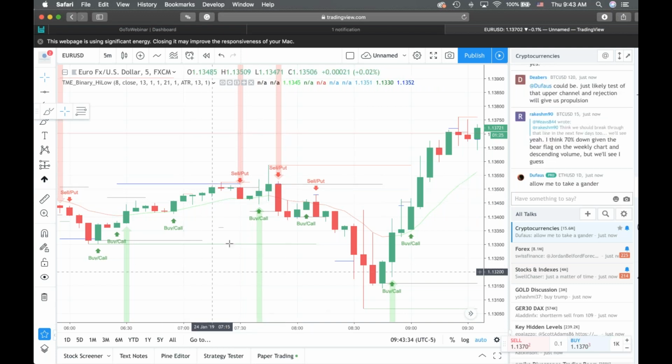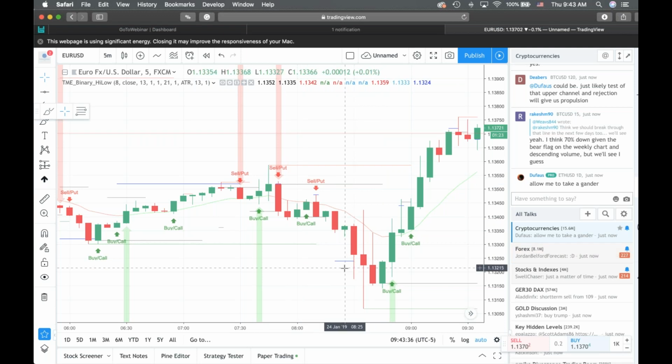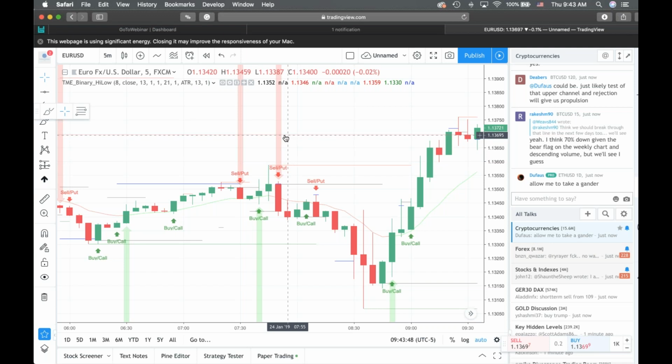So you will see different colors. The colors don't play a significant role in this indicator. You can use the red lines, the gray lines, or the blue lines. Doesn't really matter.